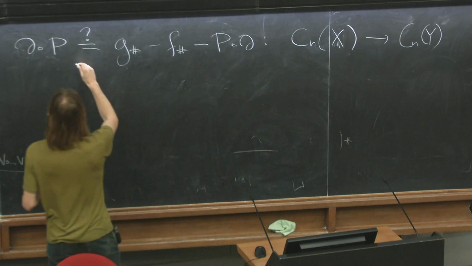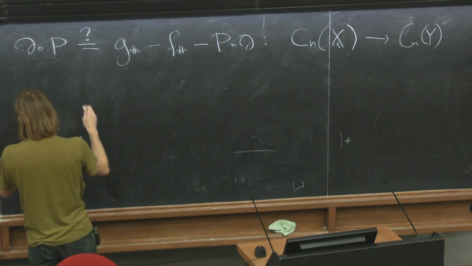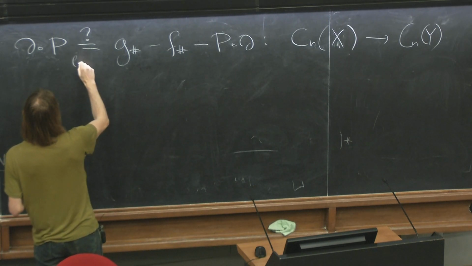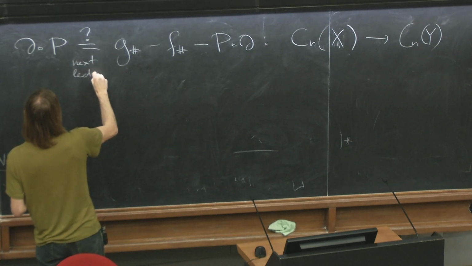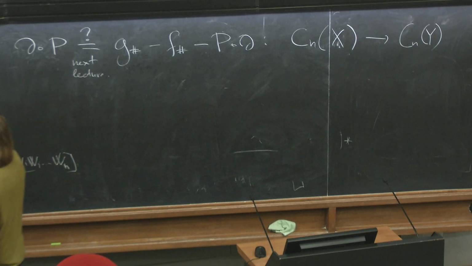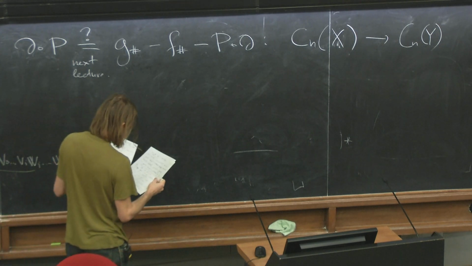So this will be next lecture, and this will be essentially just some algebra. Once we define this map, we'll apply all the terms to some generator, and we'll show that it's indeed the same.